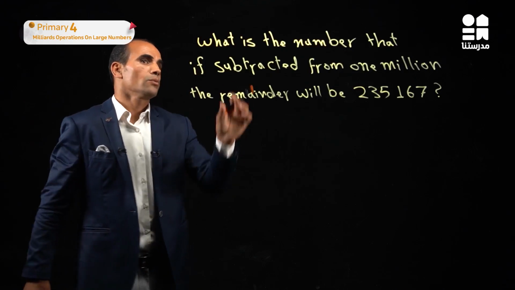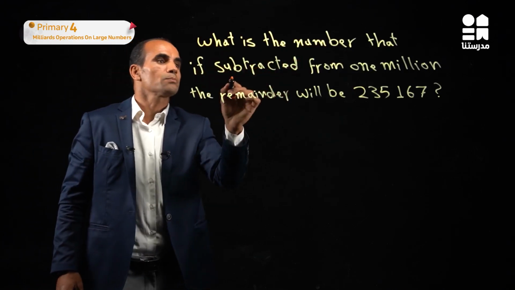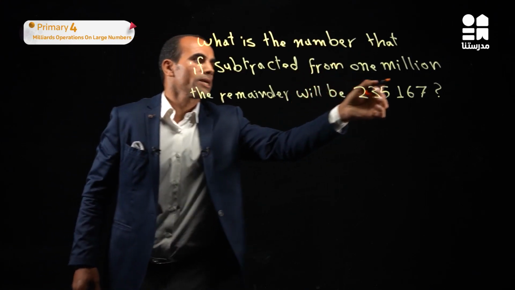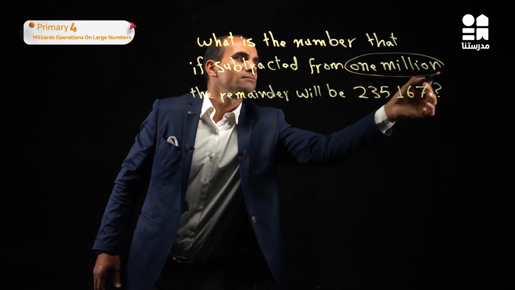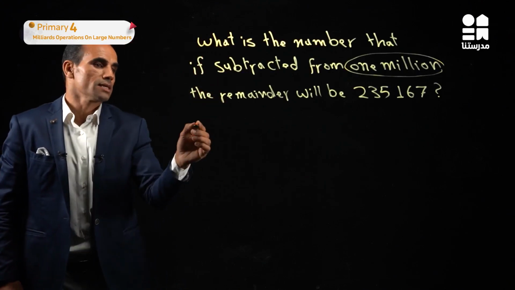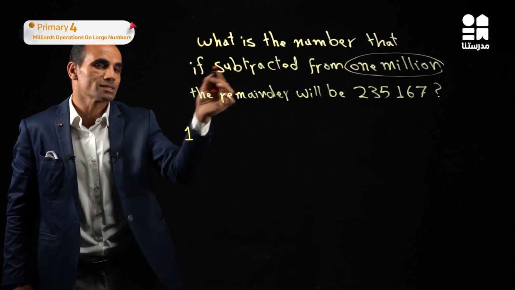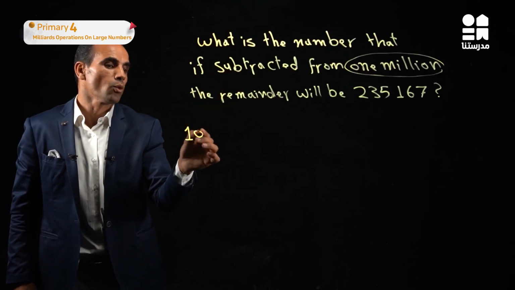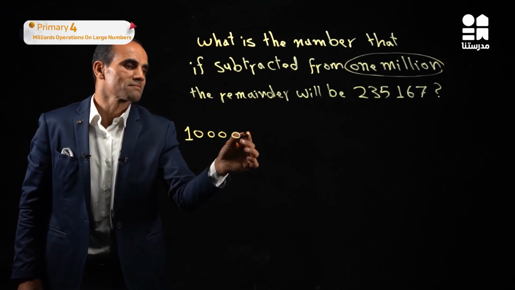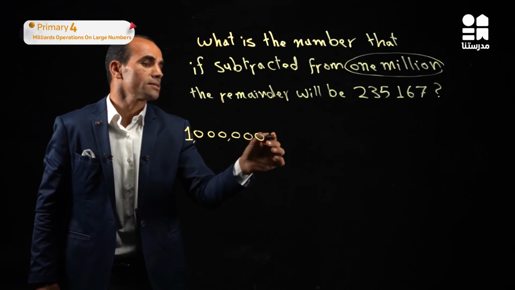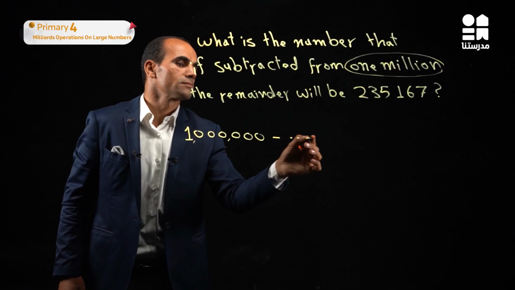Okay, we have here: what is the number that if subtracted from 1,000,000. So the 1,000,000 is called the minuend, and it is written first in the subtraction operation. It says subtracted from, so I write 1,000,000 here, minus what?